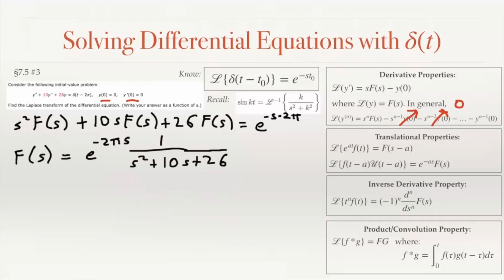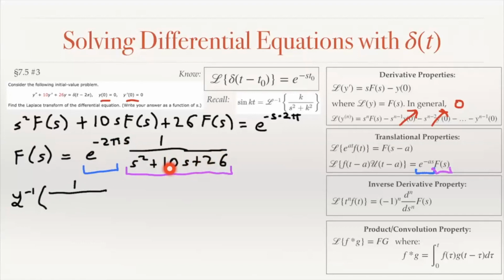Well, whenever we have an e to the something in our inverse transform, that is begging for us to use the second translational property right there. And then the problem reduces to finding the inverse transform of this guy. That is our big F of s there. So what is the inverse transform of 1 over s squared plus 10s plus 26?